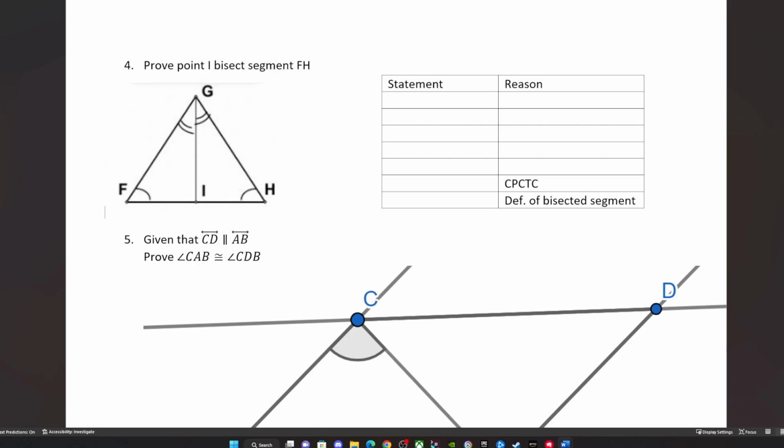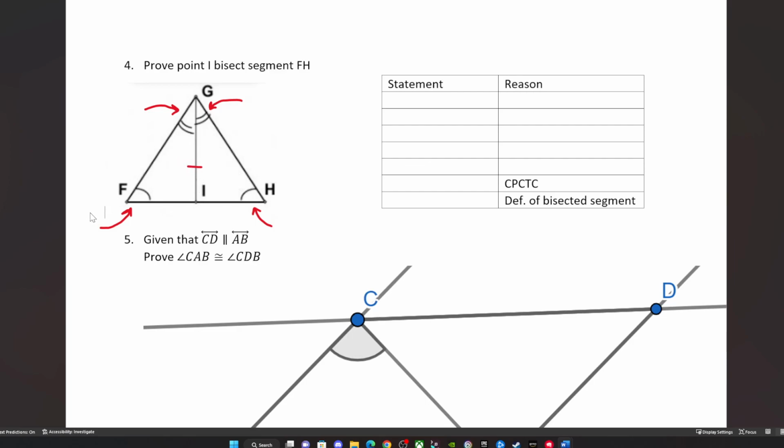So let's see. How would this look? Well, pretty much I want to start making the list of my given statements. I know this angle right here is congruent to this angle right here. That's a given statement. I know this angle right here is congruent to this angle right here. That's another given statement. And notice both of these triangles are sharing a side. So that means this side in the middle is congruent to itself.